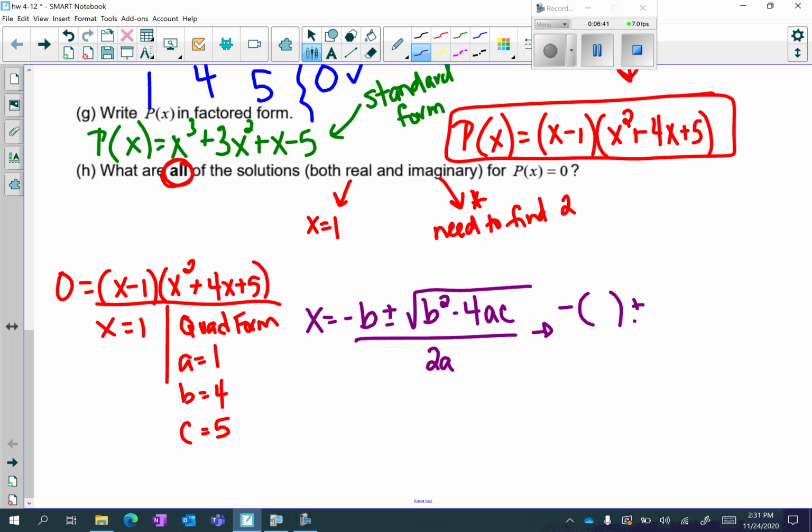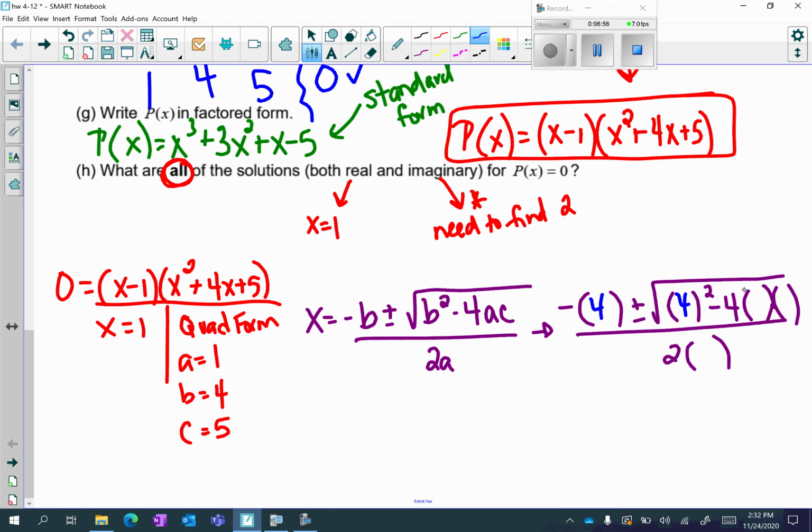I'm going to set up my parentheses. So all I need to do then is substitute. And I'm going to go ahead and plug in the a, b, and c that I identified before. Remember that what's underneath the radical is the only part that I use the calculator for.